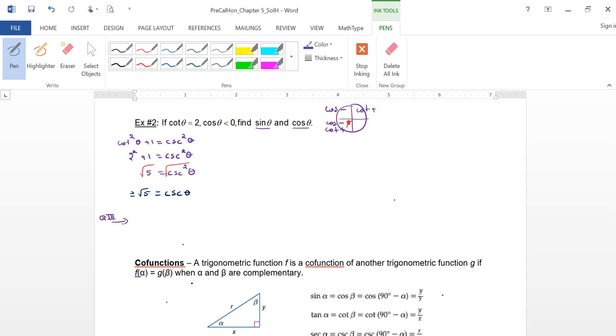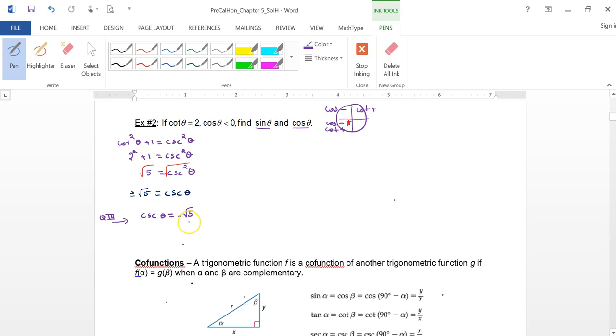My solution is supposed to be in quadrant 3. In quadrant 3, cotangent is positive. Everything else, including cosecant, is negative. So I narrow down the plus or minus to just negative. That's fine. I need sine and cosine.